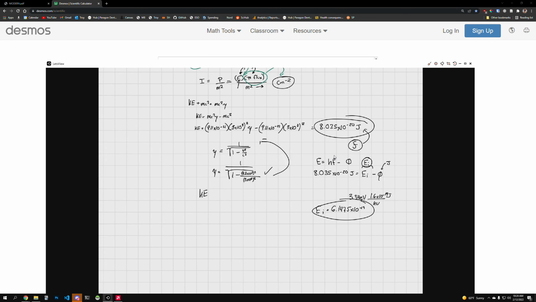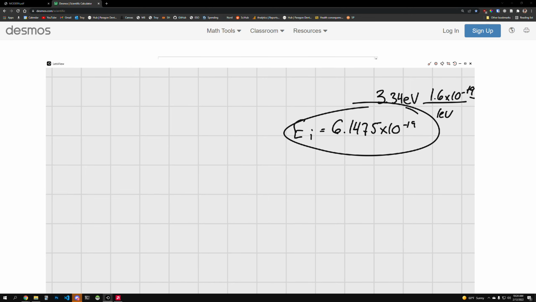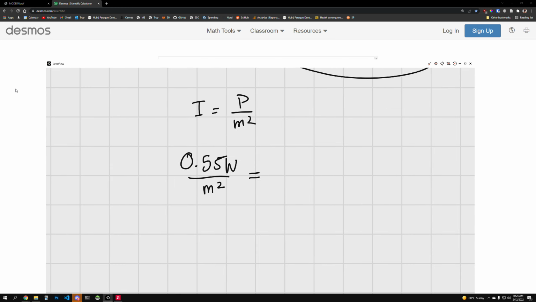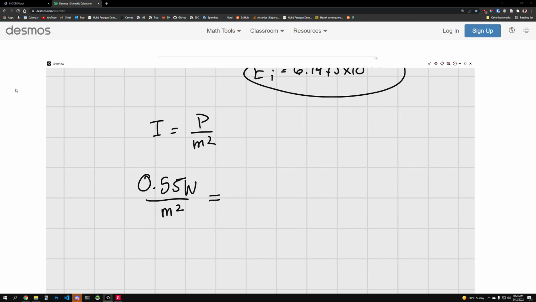So now all we have to do is plug that value in to our intensity is equal to power over meter squared, and power is energy times number of flux. So let's see, intensity is equal to power over meter squared. The intensity was given as 0.55, I believe, watts per meter squared is equal to power, and our energy, we'll write EI times number, all divided by meter squared.